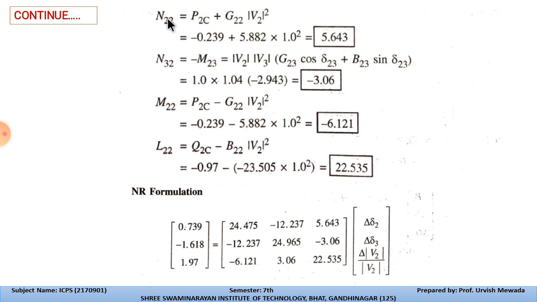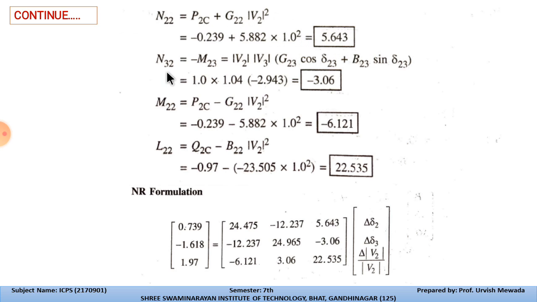Now from that we can calculate the parameters n, m, and l. So n22 is equal to p2c plus g22 mod v2 square. By putting all the values, the answer is 5.643.